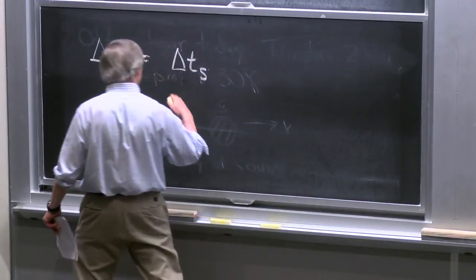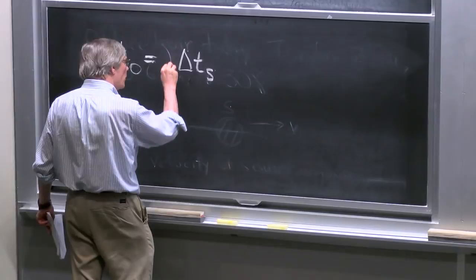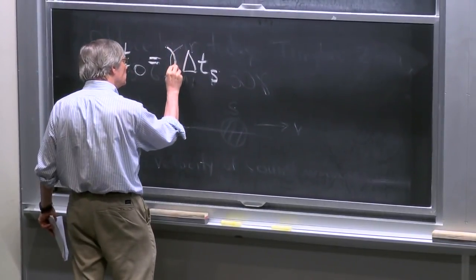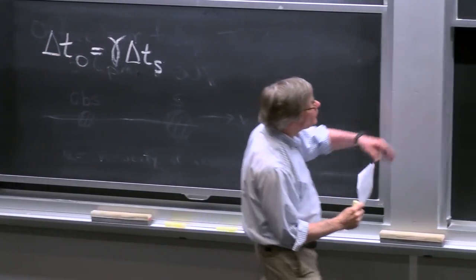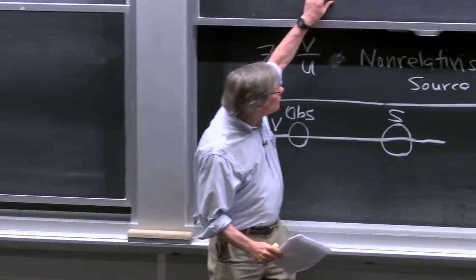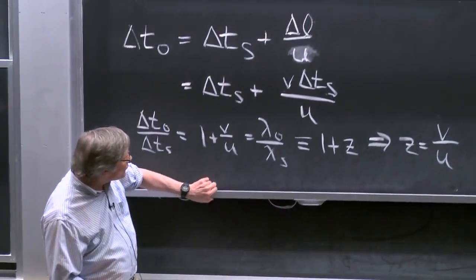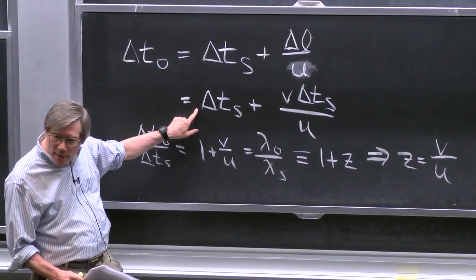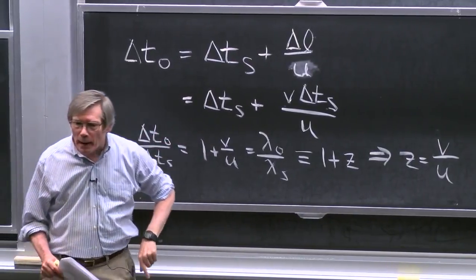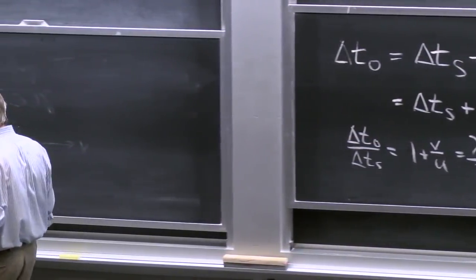So the first term changes from what it was before. And what we're doing is we're rewriting this equation. The first term changes by putting in a factor of gamma in front of it, because the source clock is running slowly.